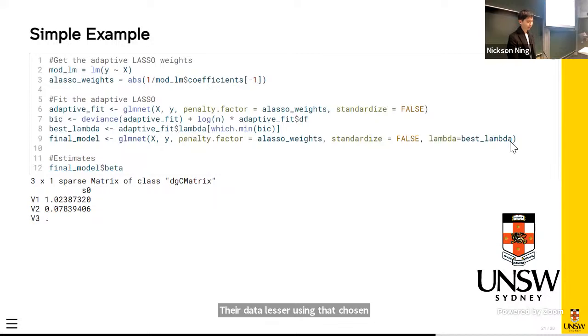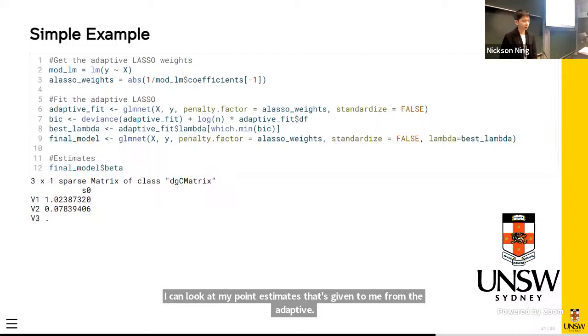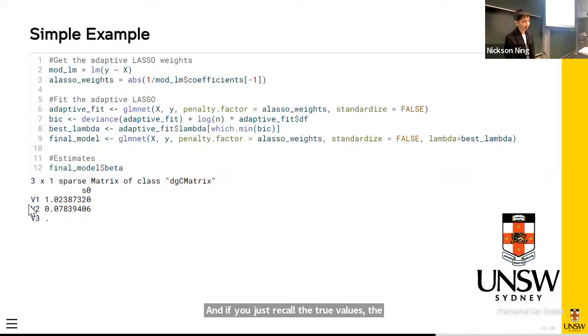If I do that, then I can look at the point estimates given to me from the adaptive lasso. Recall that the true slopes were 1, 0.1, and 0. In this case, my adaptive lasso has correctly chosen that my first and second covariates are important, and the third one is not.